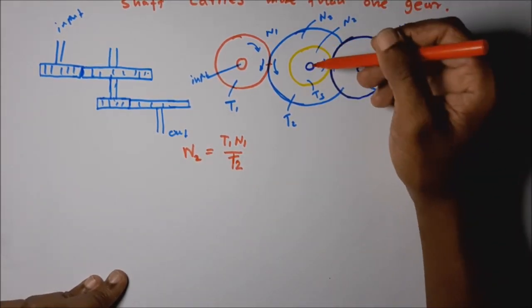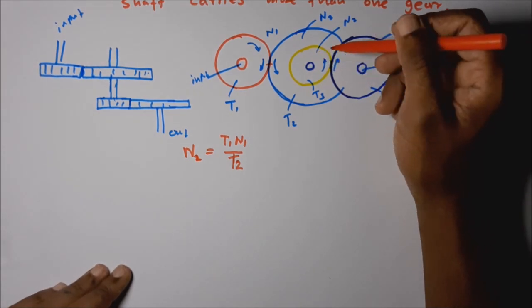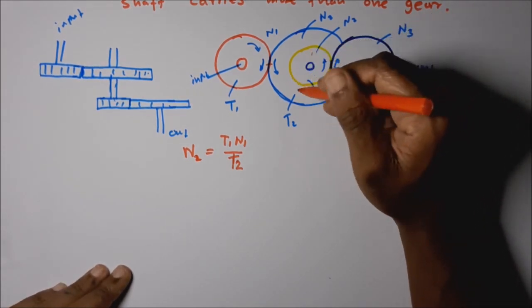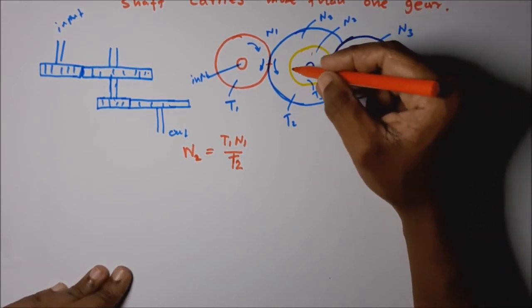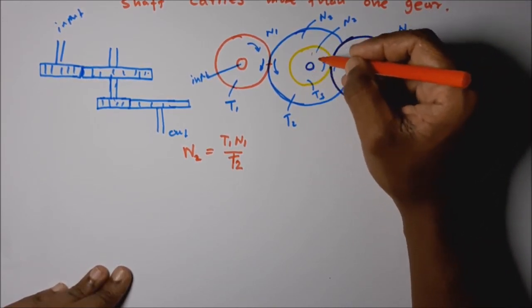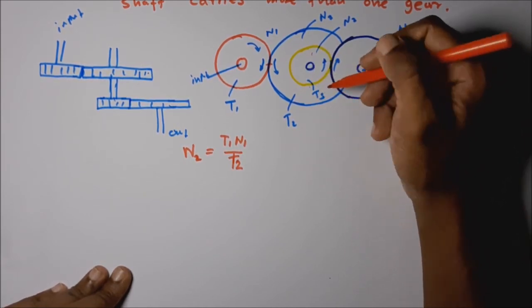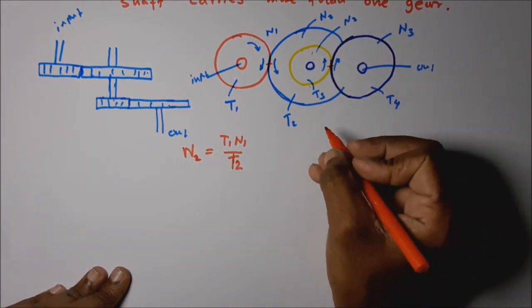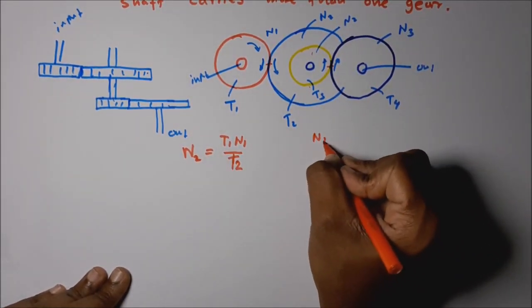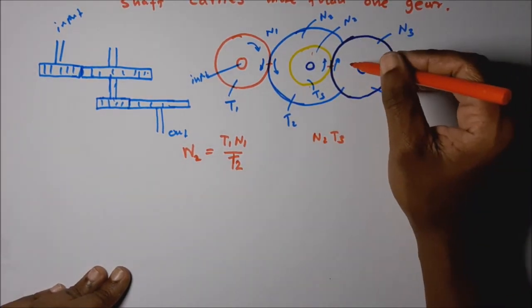Because these two gears are connected by a single shaft, this n2 speed is also the same for this smaller gear. If this smaller gear is rotating with n2 speed and its circumference has t3 teeth, how many teeth are contacting the fourth gear? n2 into t3 teeth are contacting here.